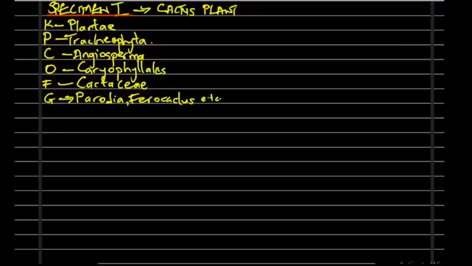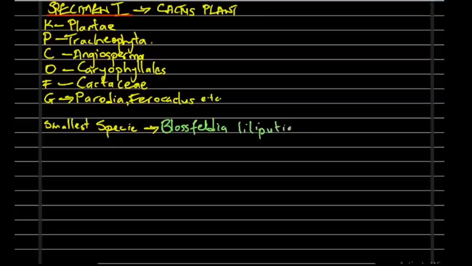The smallest species of all of these cactus happens to be Blossfeldia liliputiana.